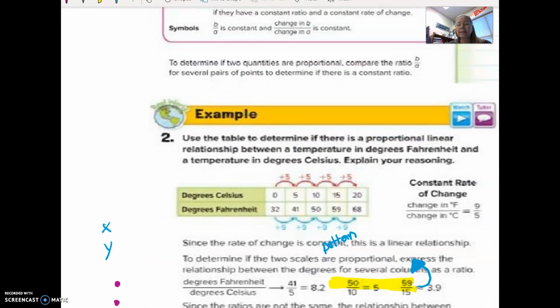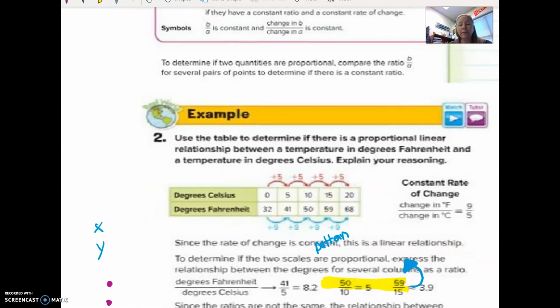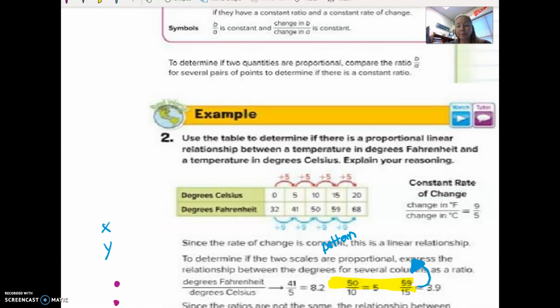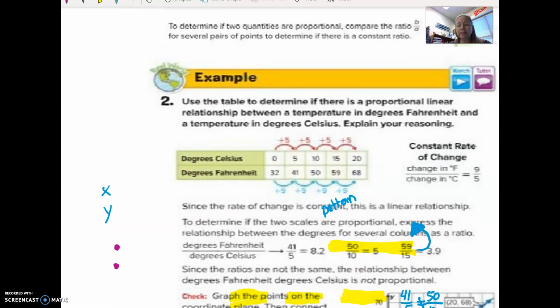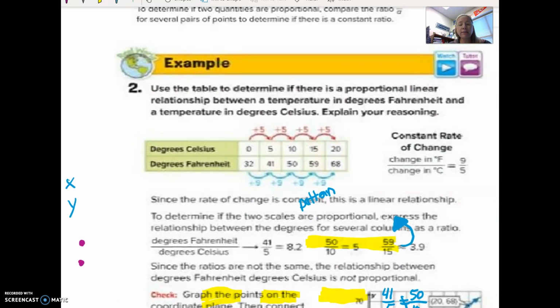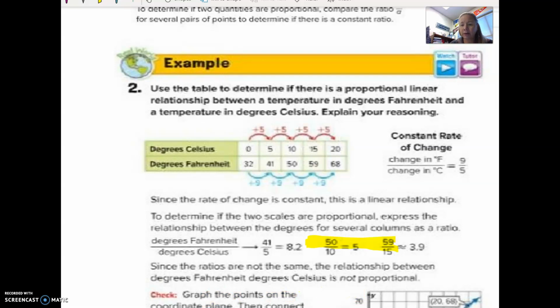So if we look at this example from your book on page 173, I'm going to bullet point some things.